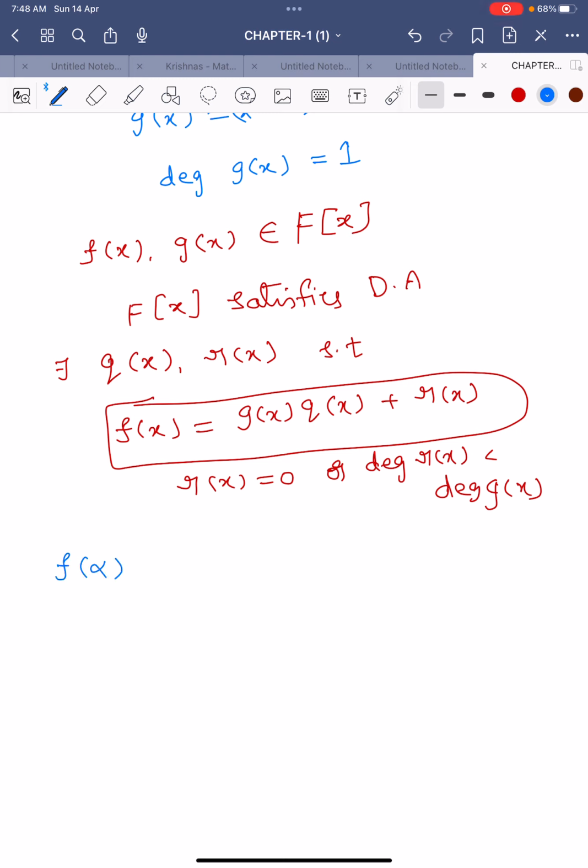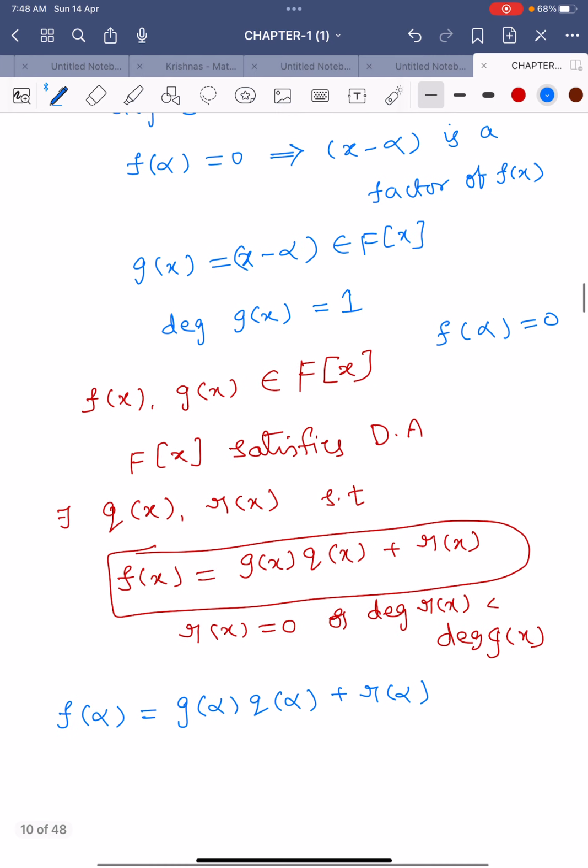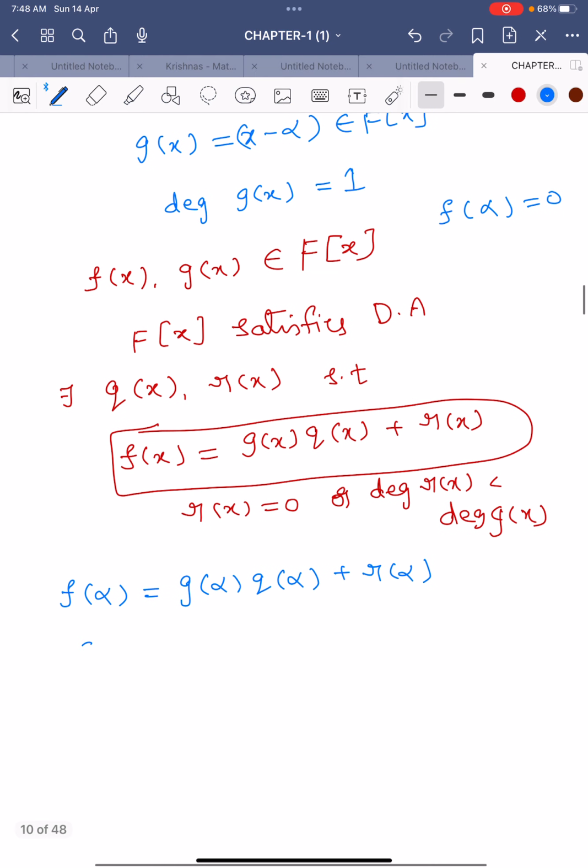It means f of alpha is equal to g of alpha into q of alpha plus r of alpha. By data, f of alpha is equal to 0. What is g of alpha?